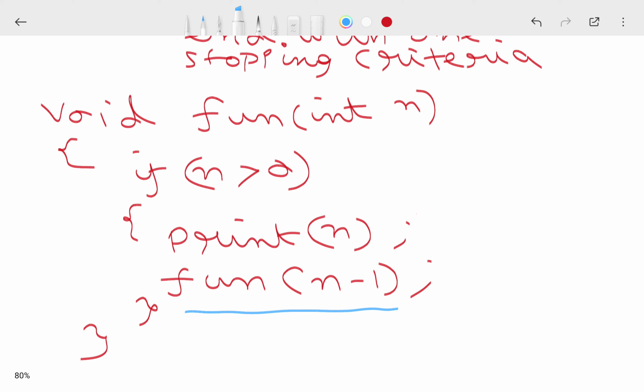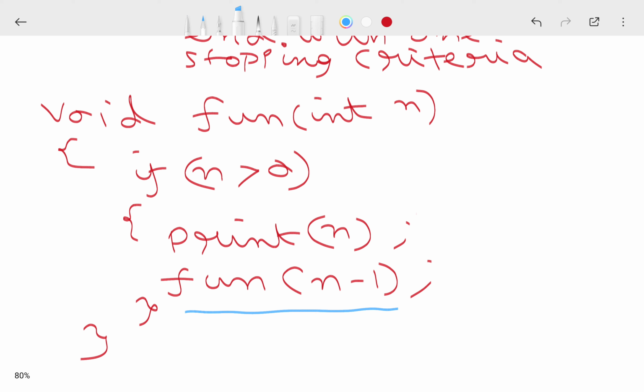Inside the function, in each iteration the n value is reduced by 1, and with that new value n minus 1, the function is called again. The output of this function is: initially it prints the value n, then in the next iteration it prints n minus 1, then n minus 2, and so on.